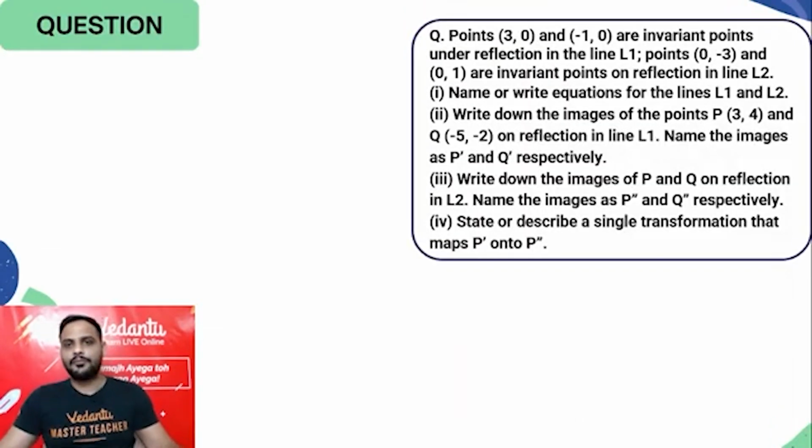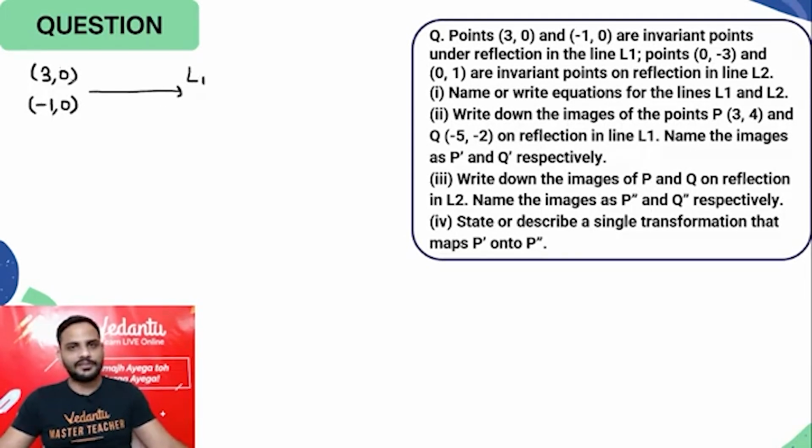Next question, look. Points 3, 0 and minus 1, 0 are invariant points in the reflection in L1. So guys, if 3, 0 and minus 1, 0 are invariant under L1, which line should it be? So look, these are the points present on x-axis.